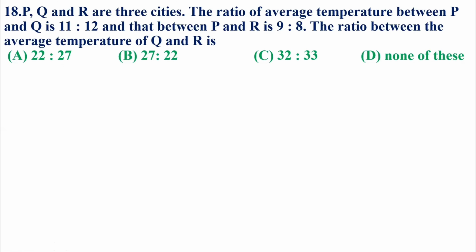18th one. Okay, fine. See, there are 3 cities, P, Q, and R. What they have given: the ratio of the average temperatures between P and Q, P is to Q, is 11 is to 12.